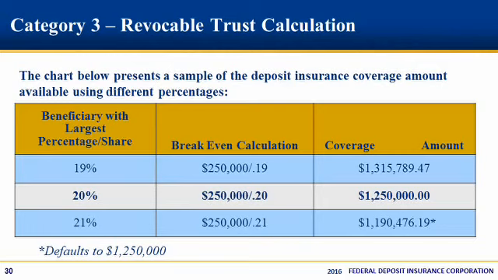Now, if the highest beneficiary allocation is above 20%, and again, looking at our chart, we will use 21%, then the results suggest only $1,190,476 as the maximum insurable amount.